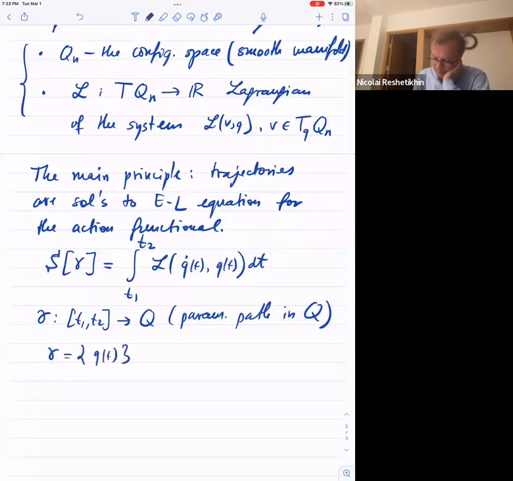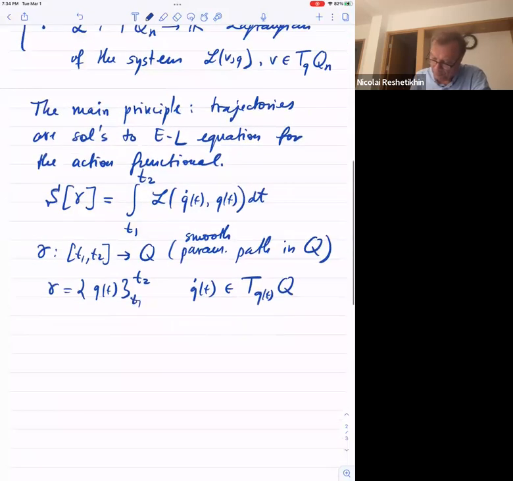We can also write it as a function q of t with values in capital Q when t runs from t1 to t2. And naturally, q dot of t is the tangent vector to this path. I assume that these paths are smooth. So this is the velocity for this trajectory.